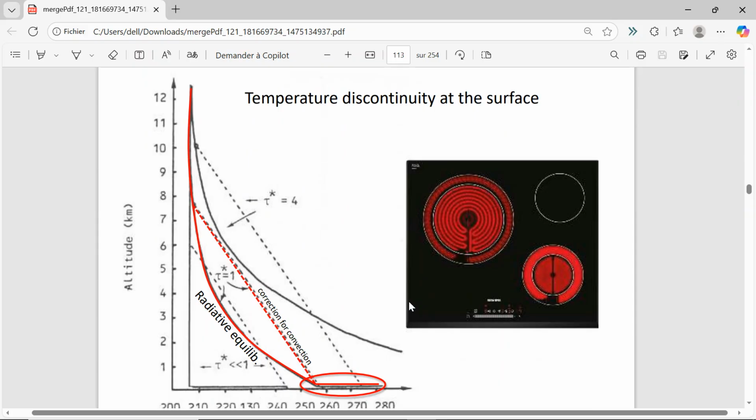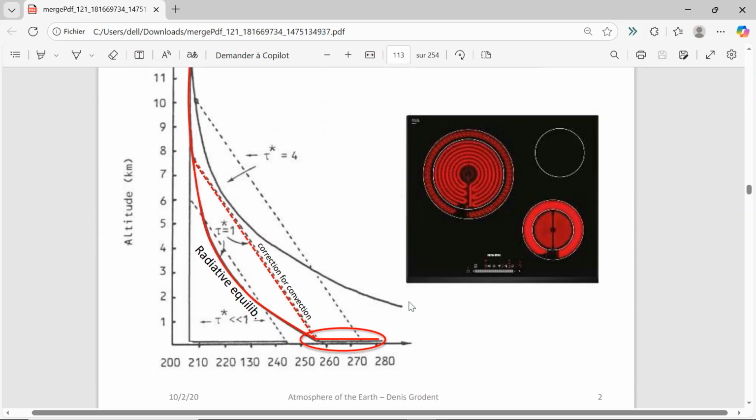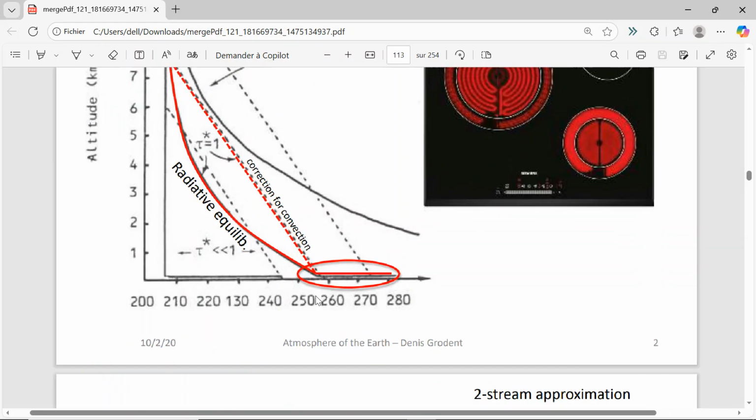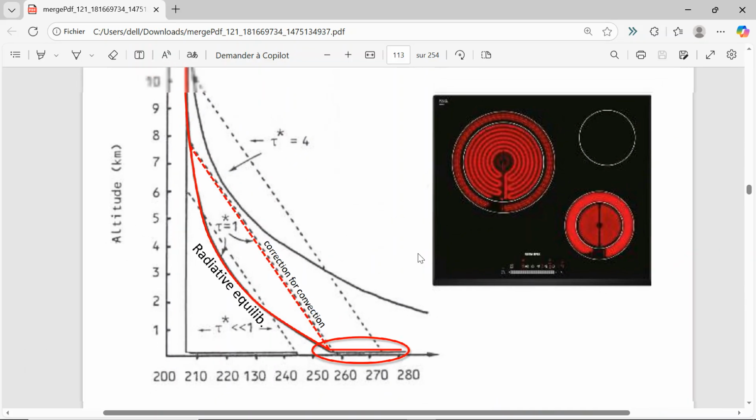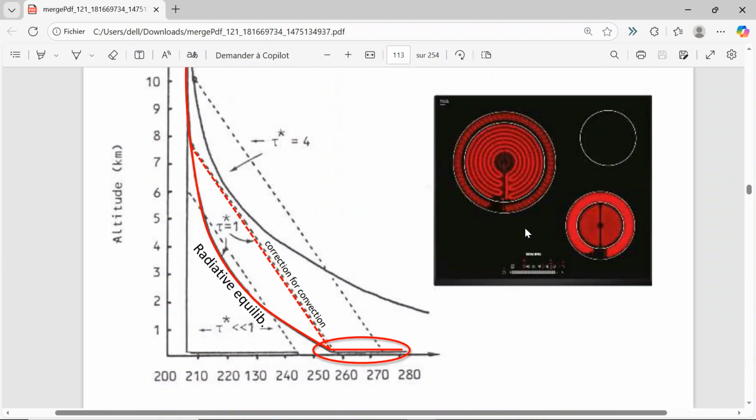We got a temperature discontinuity, however, because we only assumed radiation. So we see a very great gap between the ground, the surface, and the layer of air directly above the surface. We see a 30 degrees gap. It is because we only assumed radiation as heat transport. It can be associated with the kitchen heater right here.